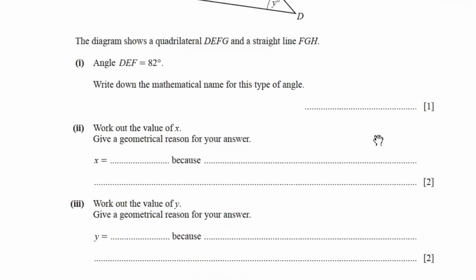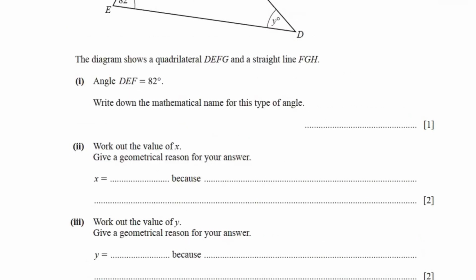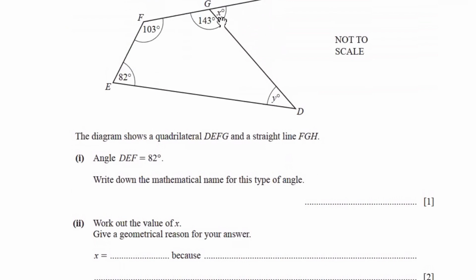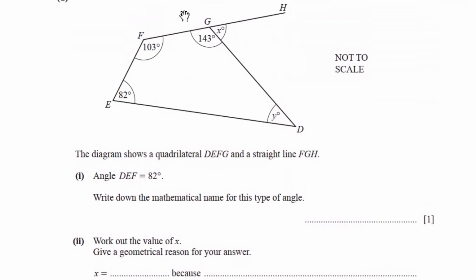Then it says work out the value of x, give a geometrical reason for your answer. So this is x. x lies on the line FGH. So we know that angles on a straight line add up to 180. On this line, we have this angle and this angle, which means the sum of 143 and x is going to be 180, and x will be 180 minus 143, which equals 37 degrees.